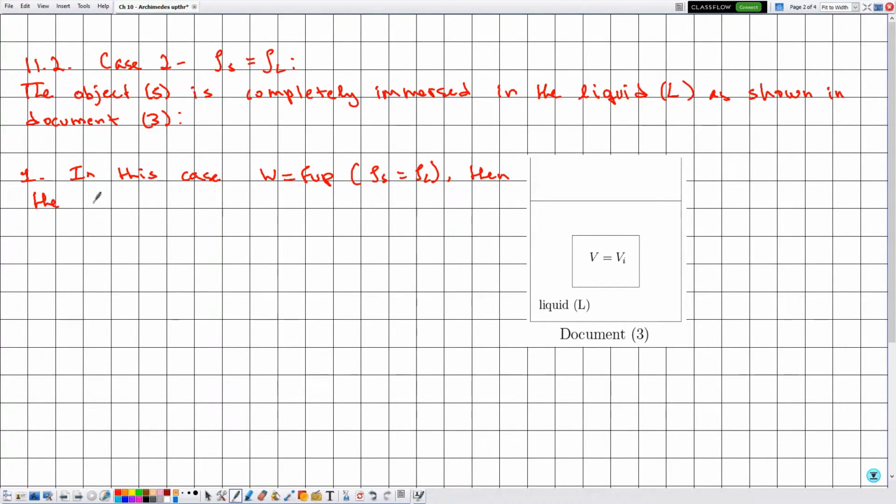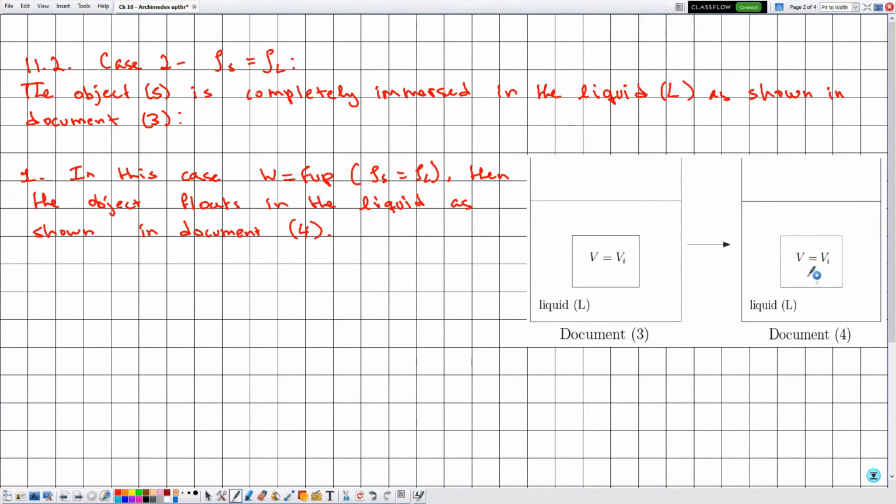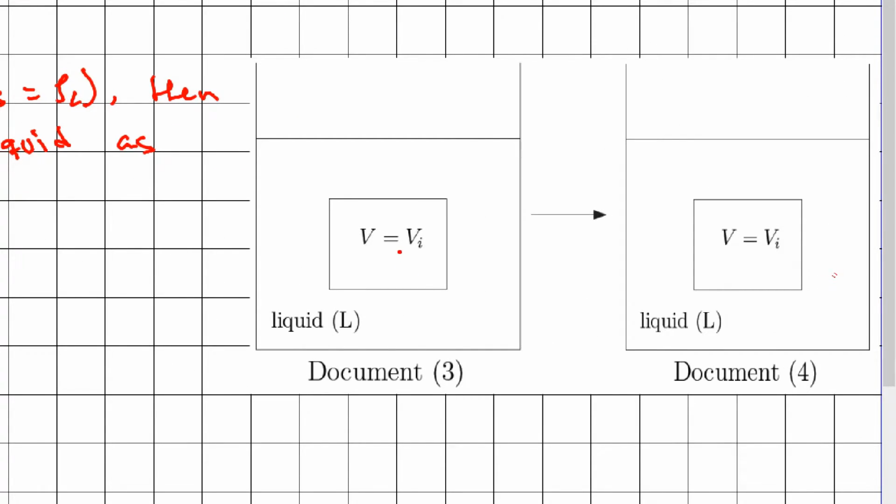Then the object floats in the liquid as shown in document 4. So here, because the effect of both forces balance each other, the solid S will neither rise nor sink to the bottom of the container. So it will stay like this. It is at equilibrium.